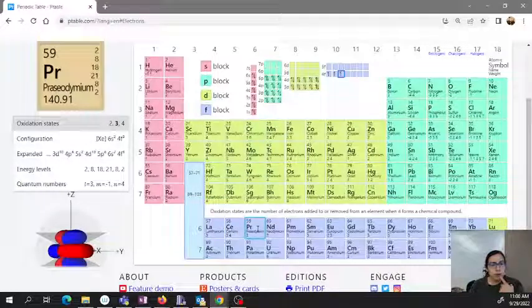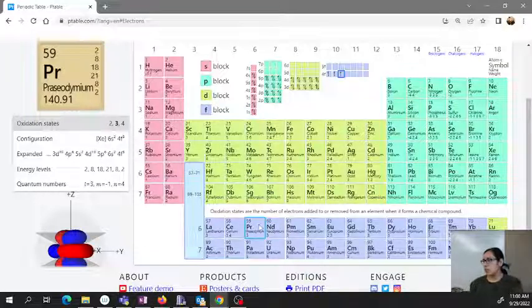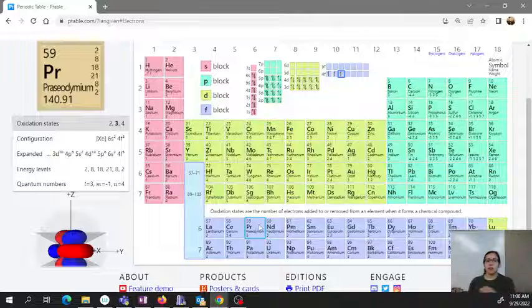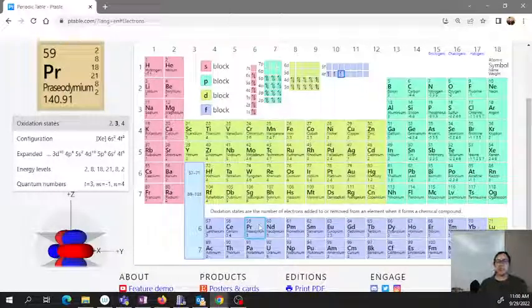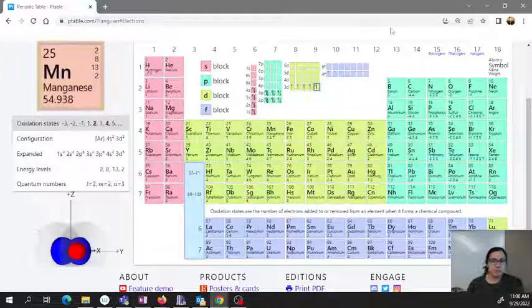But then if you move over to the next element, praseodymium, it skips the D and goes straight to the F. Again, I don't expect you to know that, just know that there are exceptions. Probably on an exam, when we get to more of the MO theory, I would ask questions like, we would expect it to fill up like this, but it actually does that, and then you would explain why.